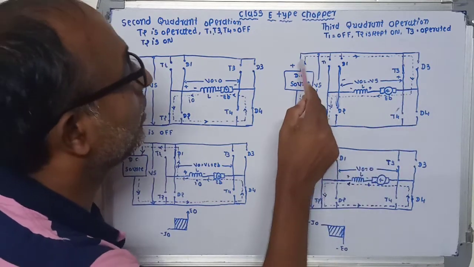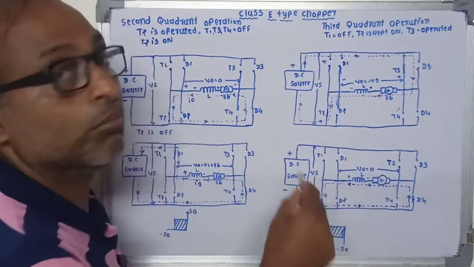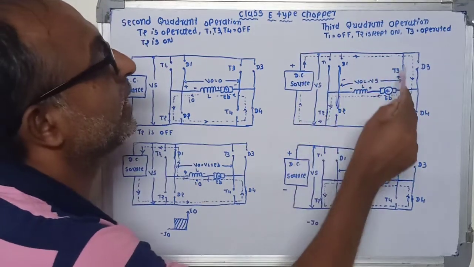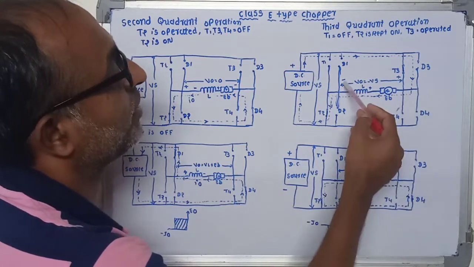So the input voltage Vs appears across this load, but the polarity is reversed: right terminal positive and left terminal negative.